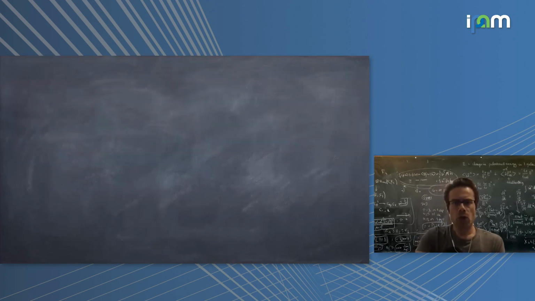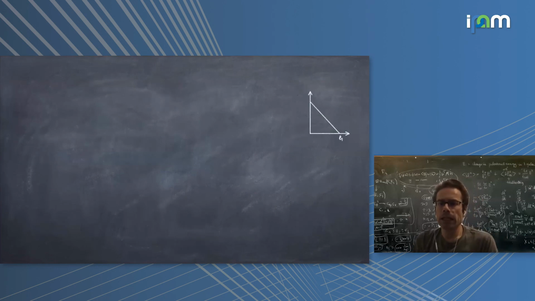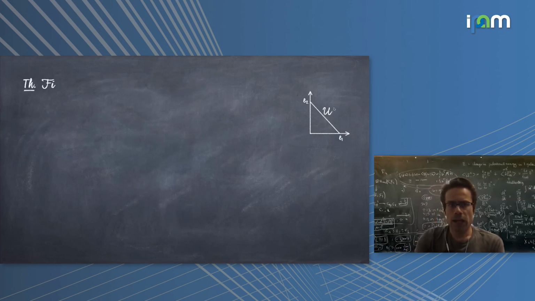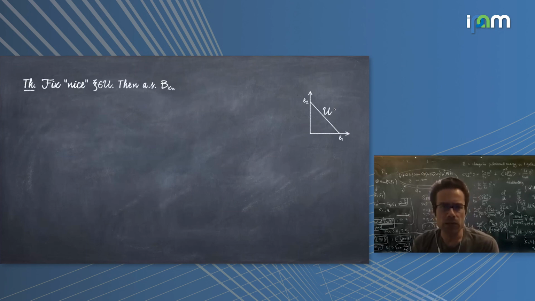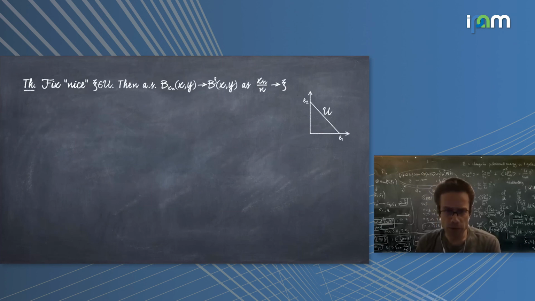Okay, so now a theorem that one would like to prove is the following. Let me encode the various directions in the first quadrant by this line segment between E1 and E2. So I'll call that U. And so what I want to prove is, if you give me a nice direction, whatever nice means for the theorem to work, then if I calculate my Busemann functions with terminal point x_n that is going in direction c as n goes to infinity, then these will converge almost surely.